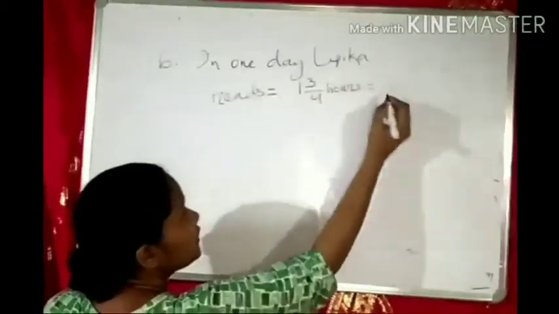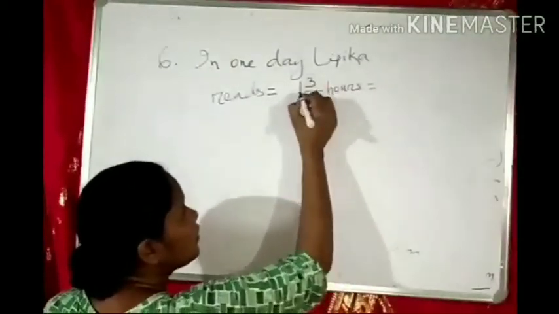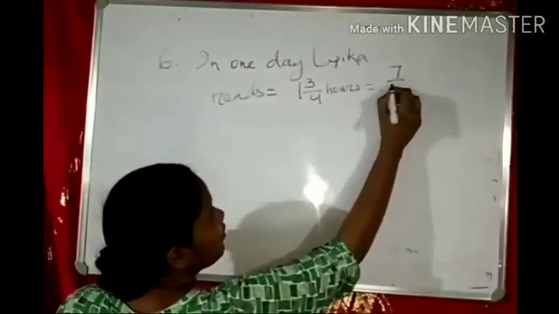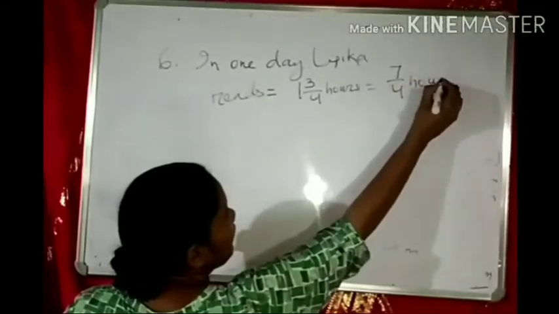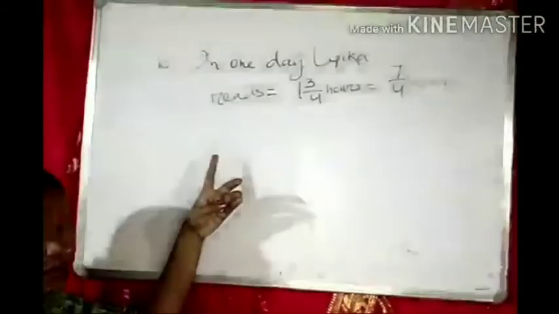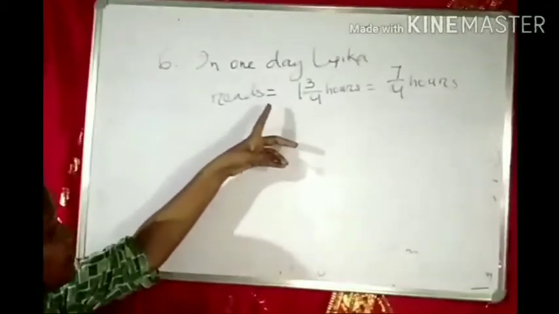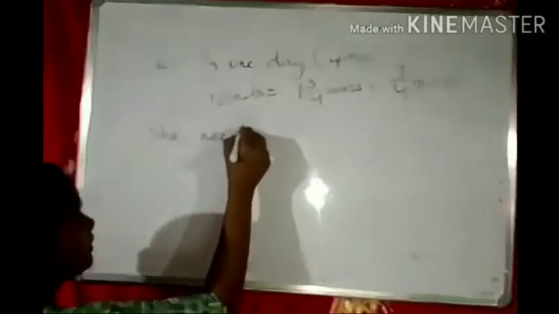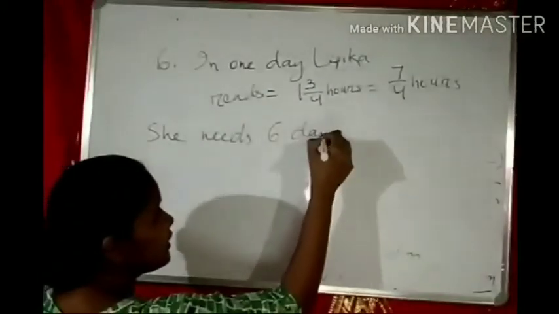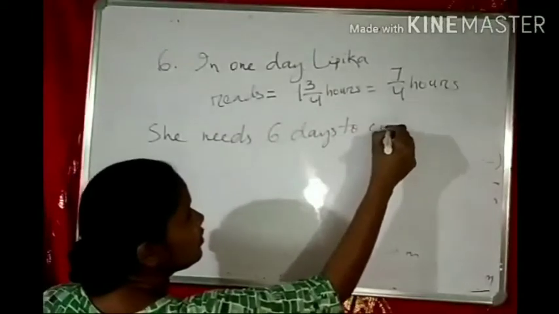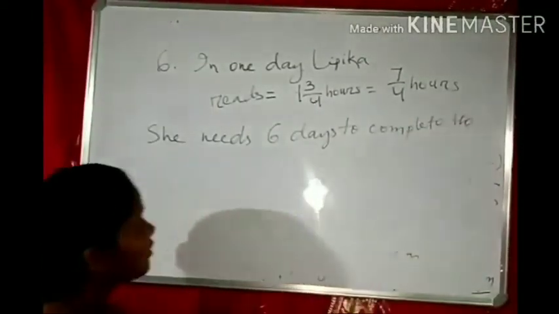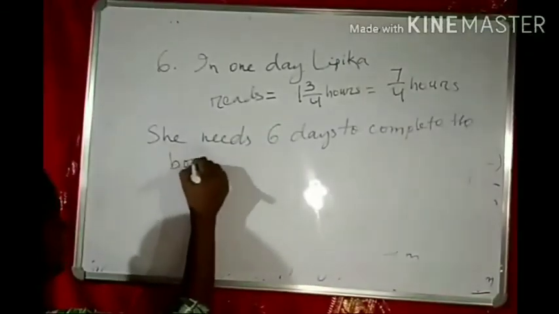So convert it into an improper fraction. 4 1 is 4, plus 3, 7. 7 by 4 hours. This is in one day. You have to find, so she needs how many days? 6 days to complete the book. So she needs 6 days to complete the book.